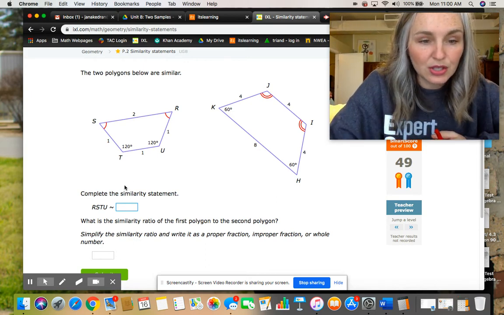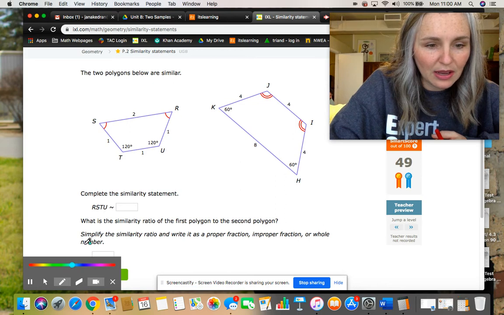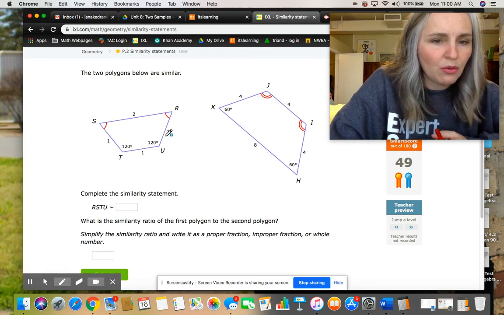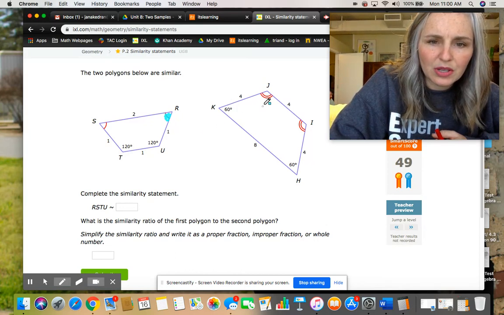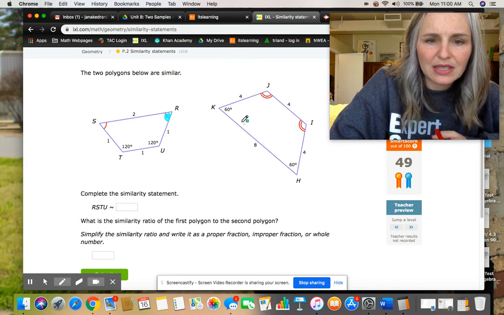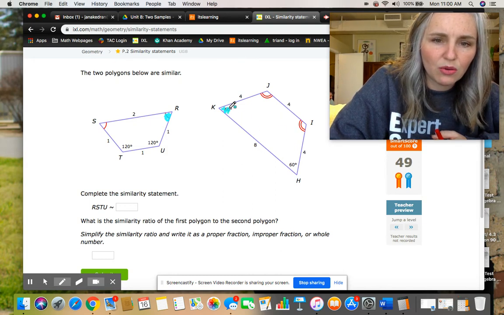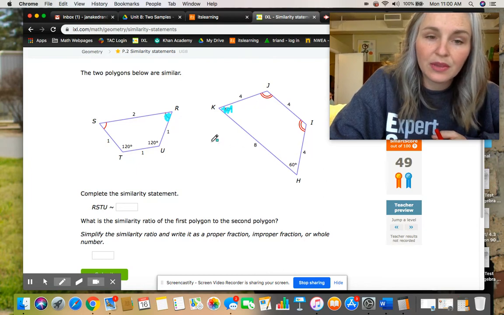So just grabbing a color here, I want to know what does R go with, right? So R is a 1 mark angle, right, which has to match this 60 right here, this base angle, or that other 60, okay?